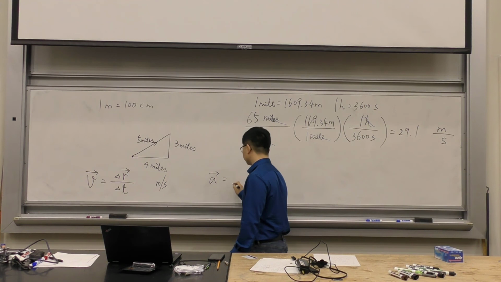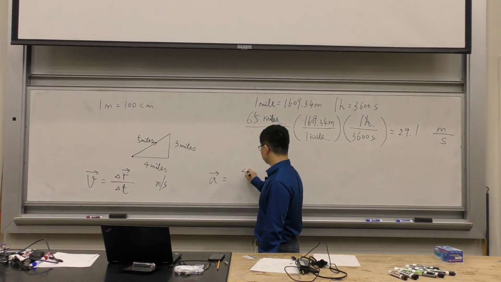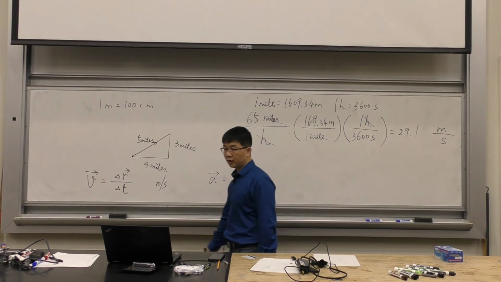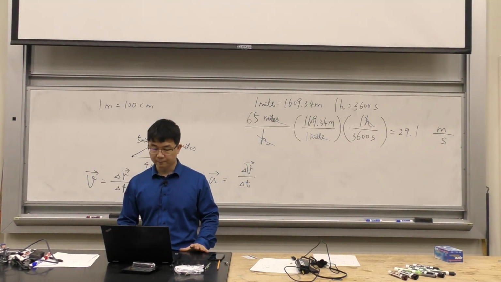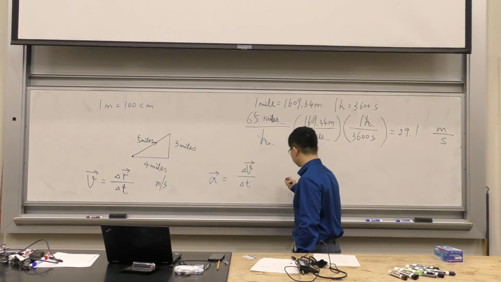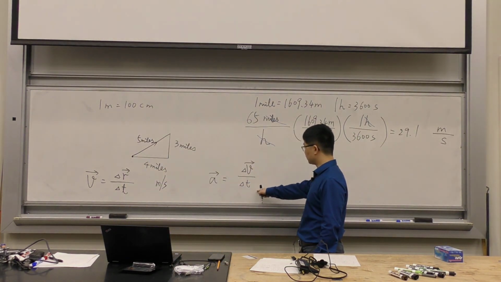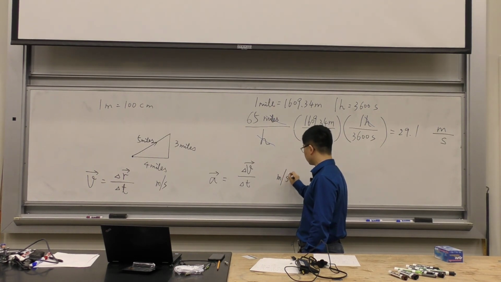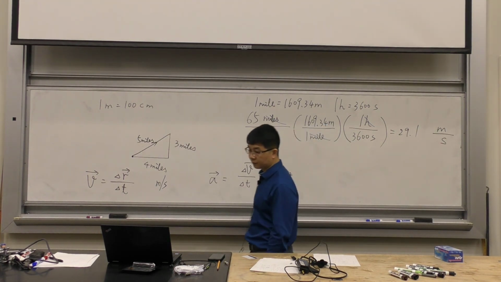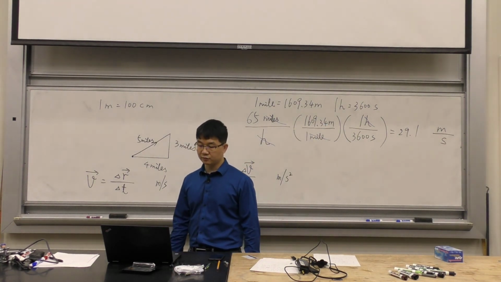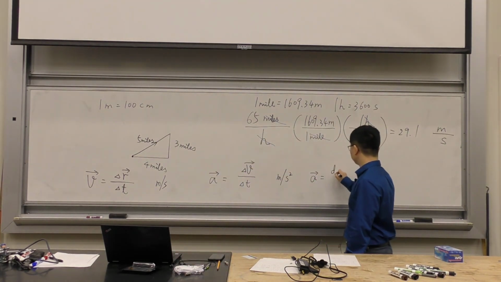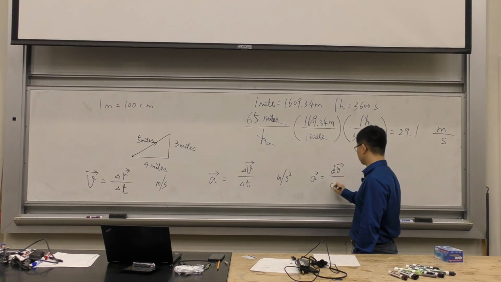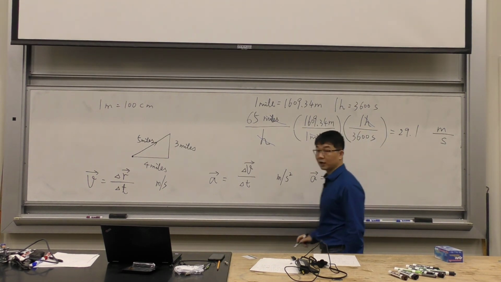So the acceleration is defined as the change in velocity divided by the change in time. Okay, so it tells you how fast the velocity is changing, okay? So of course this unit is going to be meters per second divided by second, so that's going to be meters per second squared. So that's a different unit. And then the instantaneous acceleration is defined as the derivative of the velocity over time, okay?